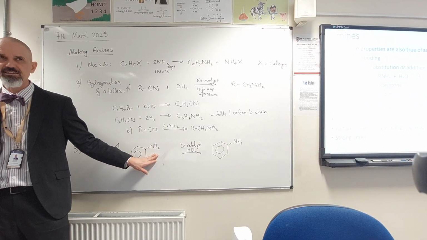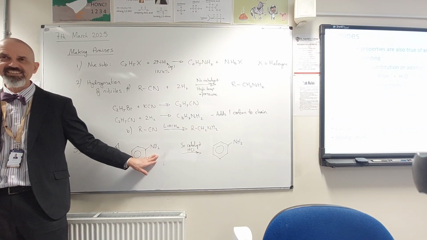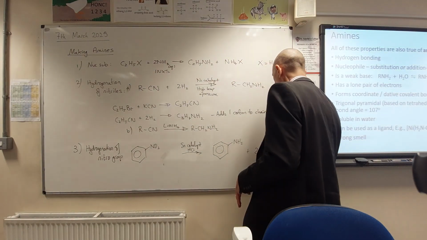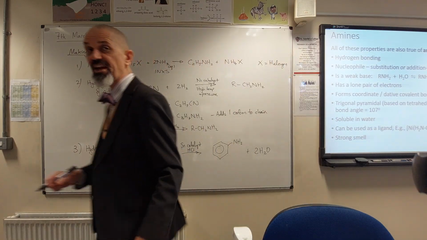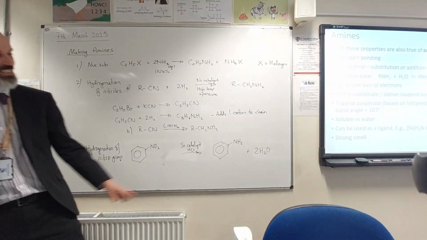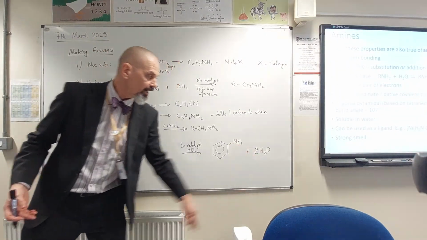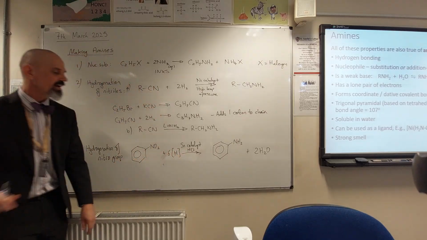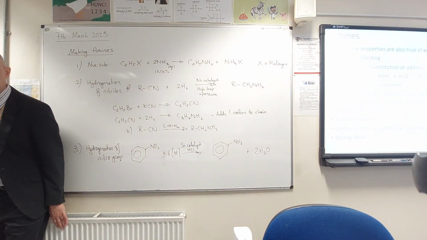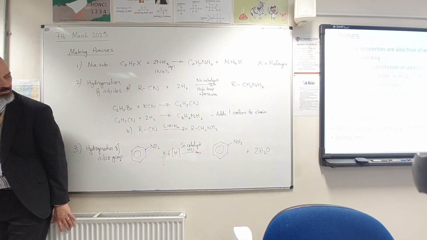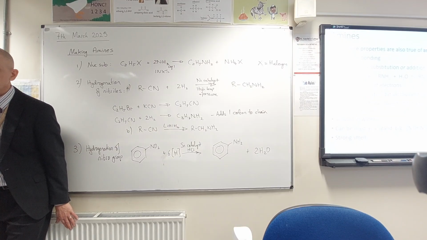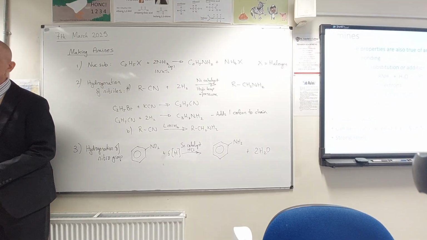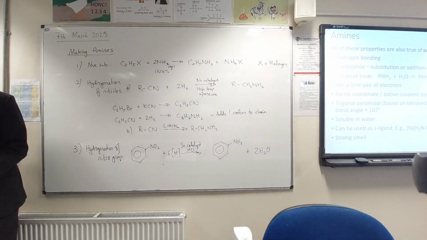In redox chemistry, we balance O with H2O. So 2 O's would mean I'd have to have 2 waters over there, and then I just count up the number of physical hydrogens: 2 and 4 makes 6, and I put a 6 H in square brackets there. That counts as a balanced equation for the reduction of a nitro group.